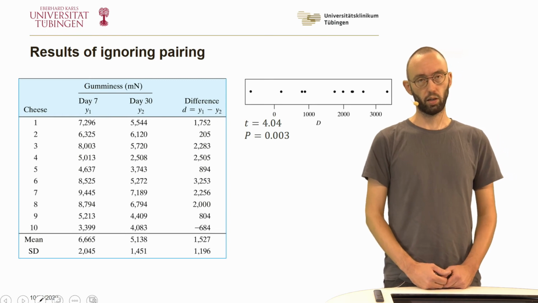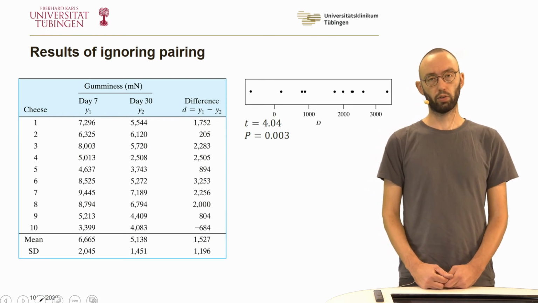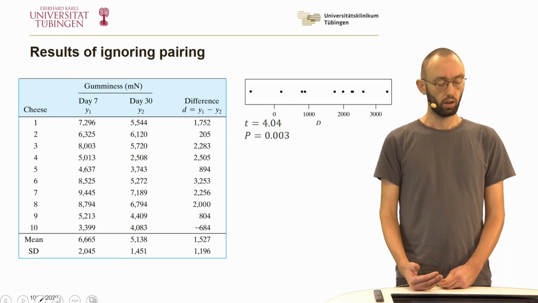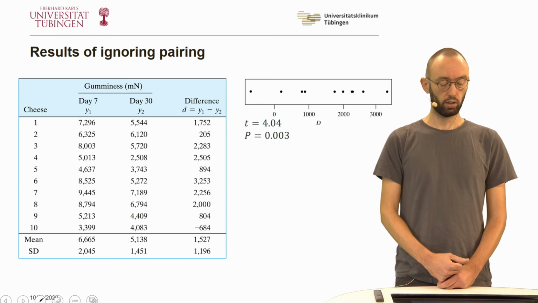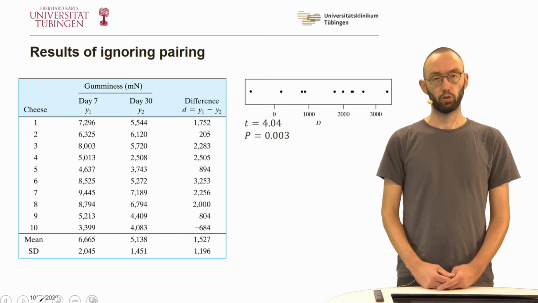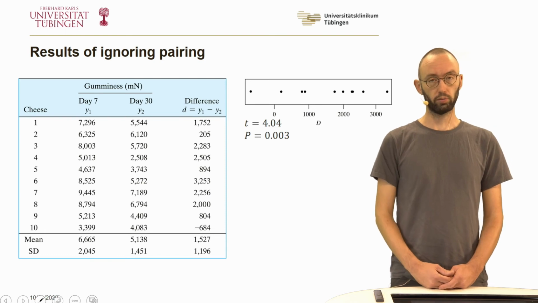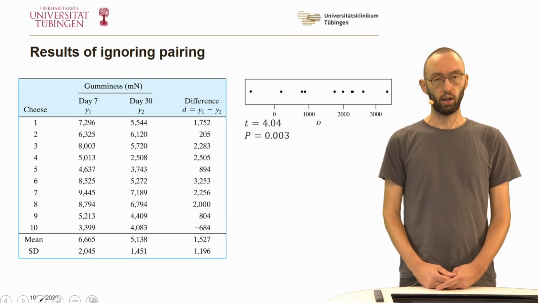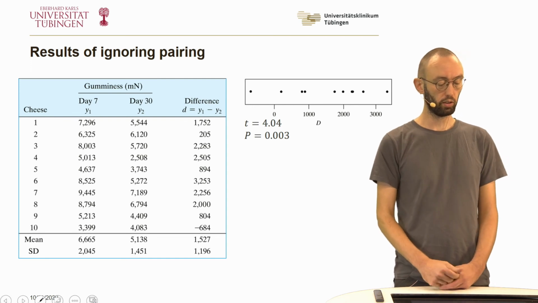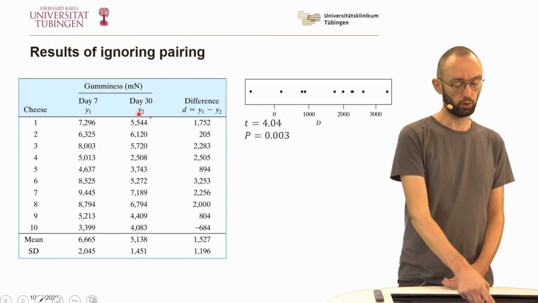Here's another example that illustrates clearly what the results are of ignoring pairing in a case where it matters. So here we have a scenario where different cheese loaves from a cheddar cheese factory were tested, and their gumminess, so the squishiness, was compared on day 7 and day 30.